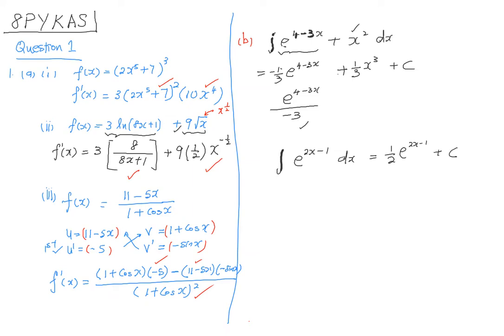How about this one? Two out of 3 times x to the power of 3 out of 2.